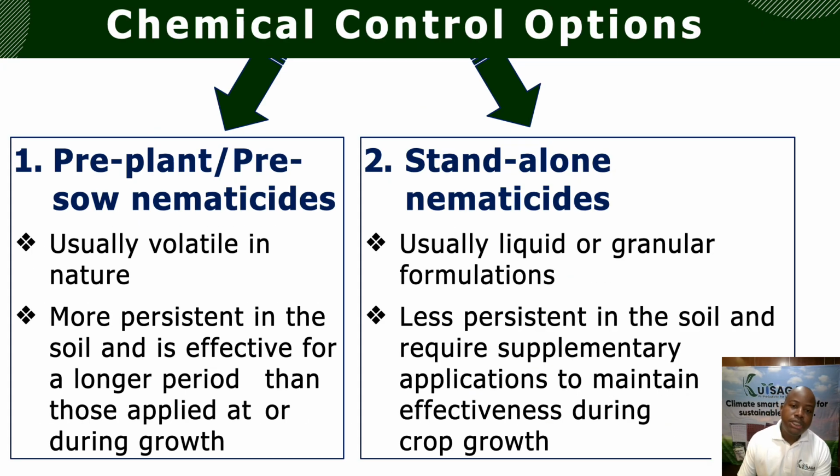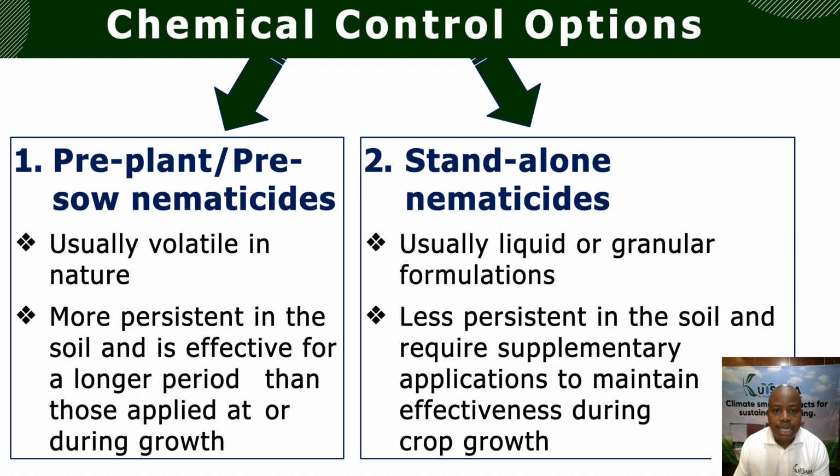Chemical control options for nematodes are twofold. We have two classes, namely the pre-plant or pre-sowing nematicide options, as well as the standalone nematicides. The fumigant nematicides fall in the pre-plant category, and these are usually volatile in nature and more persistent, hence they have a longer lasting effect in the soil.